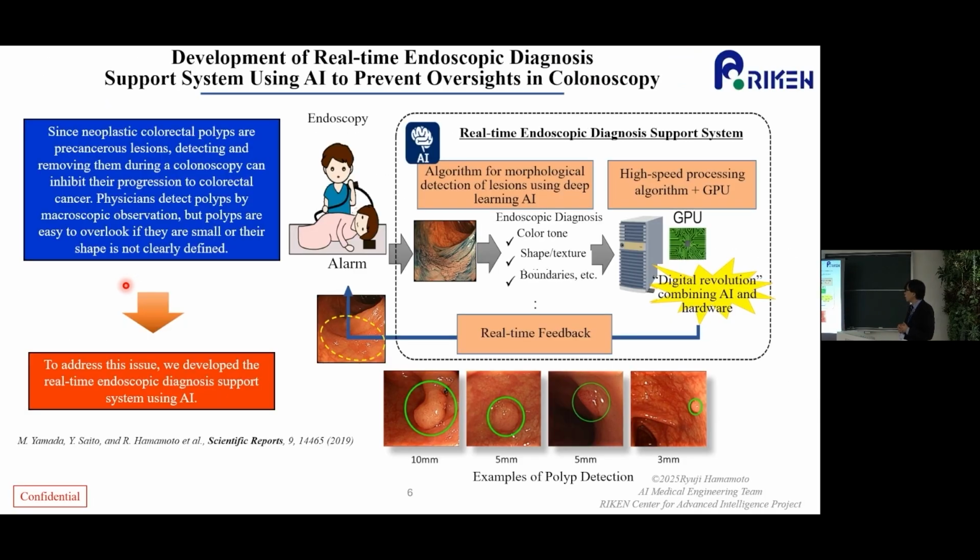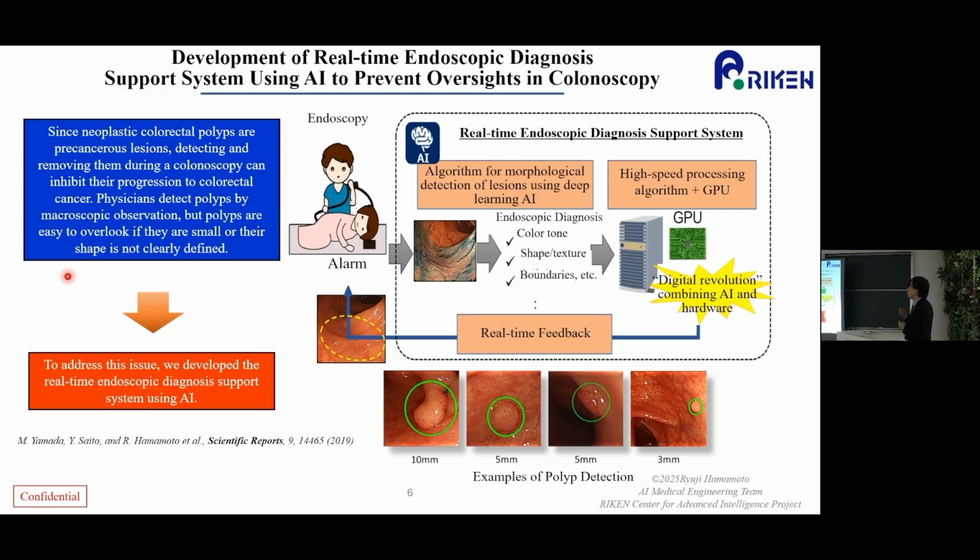So first, we'd like to explain the development of a real-time endoscopic diagnosis support system using artificial intelligence to prevent oversight in colonoscopy. Since neoplastic colorectal polyps are precancerous regions, detecting and removing them during a colonoscopy can inhibit their progression to colorectal cancers.